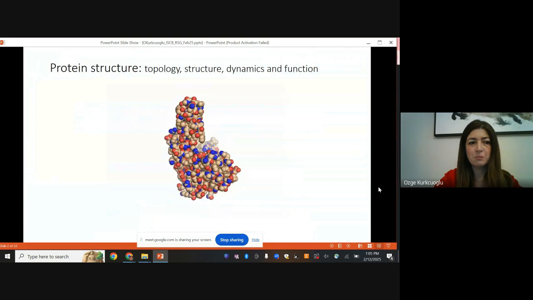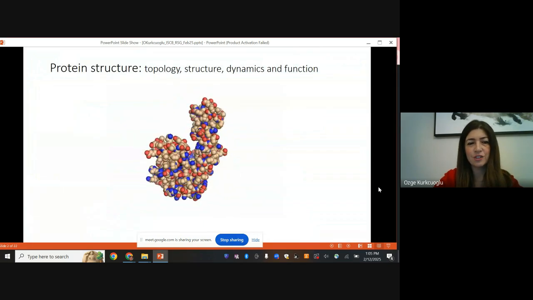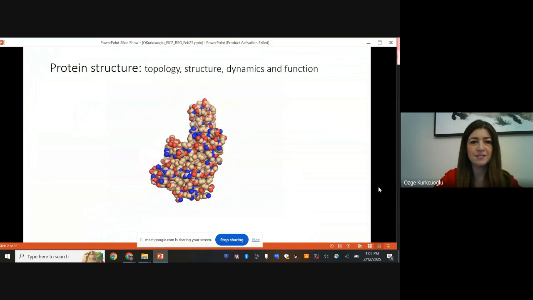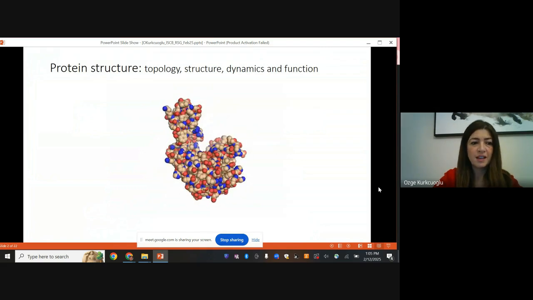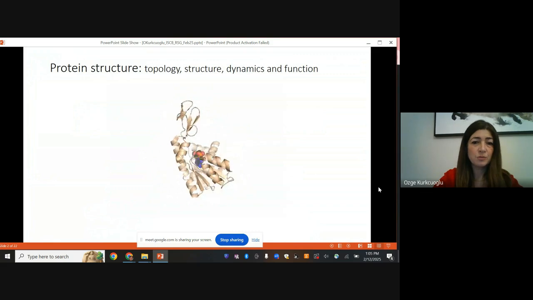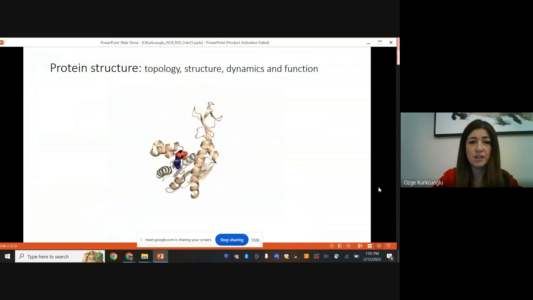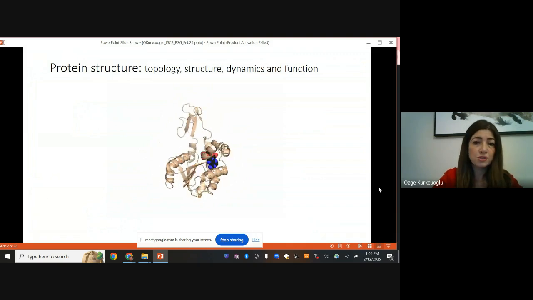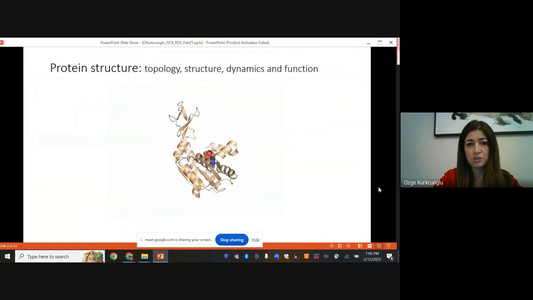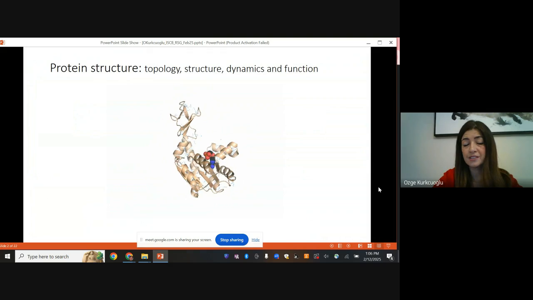The majority of approved drugs target proteins, and understanding the structure and dynamics of the proteins is very important to develop new effective therapeutics. Proteins are essentially biopolymers that have a unique three-dimensional structure and topology, which enable them to make certain motions to fulfill their biological functions, such as the lid closing of adenylate kinase over the catalytic site.